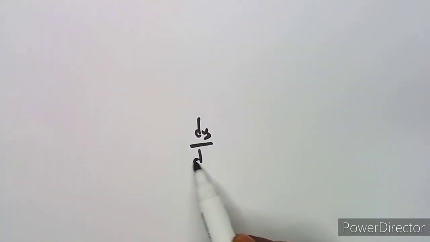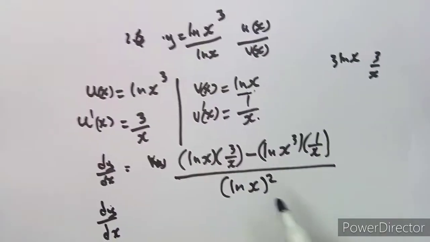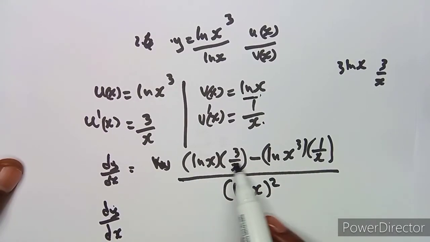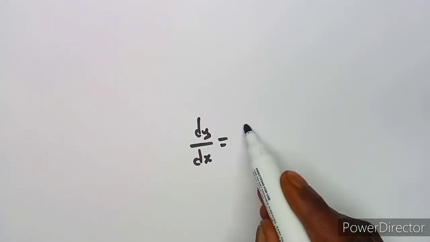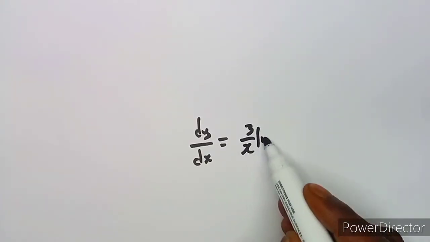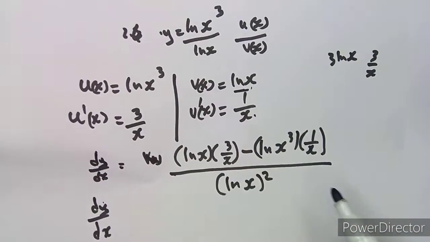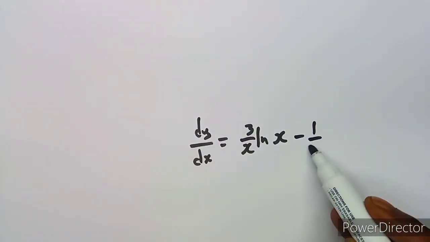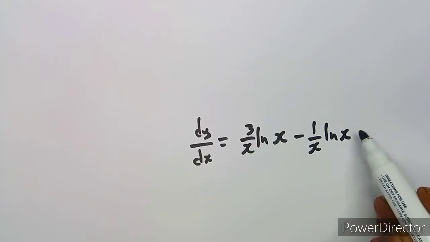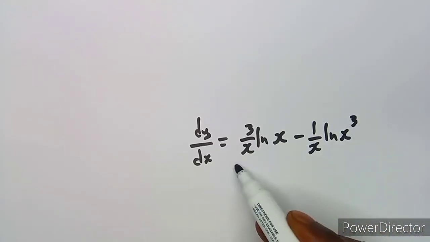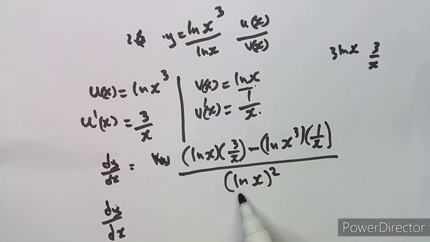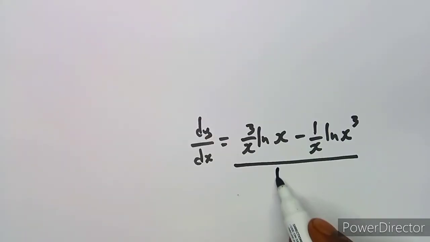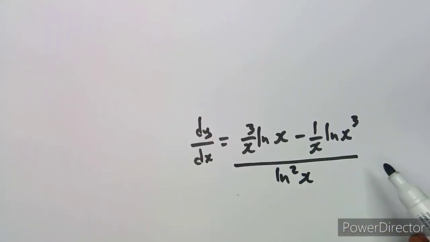Let us just write it here. So our dy/dx is going to be ln x times 3 over x, which is just the same as 3 ln x over x, minus 1 times 1 over x, which is just the same as minus ln x to the exponent of 3 over x, everything over ln x squared, which can be written as ln squared x. So this actually approximates to 0.